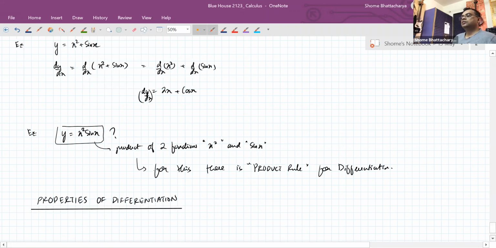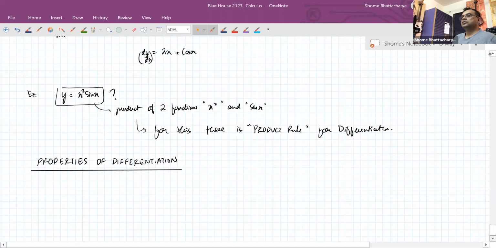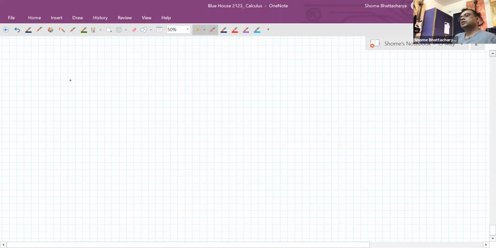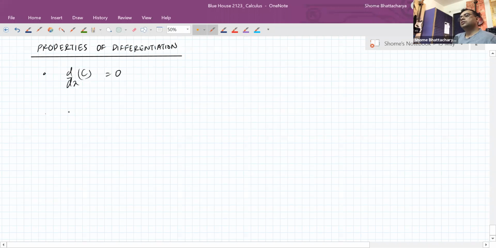So for example, already we have seen a couple of the properties: differentiation of a constant is 0. Differentiation of a constant multiplied by a function, this is also a property.